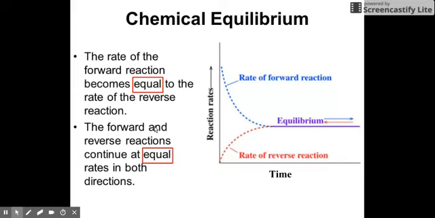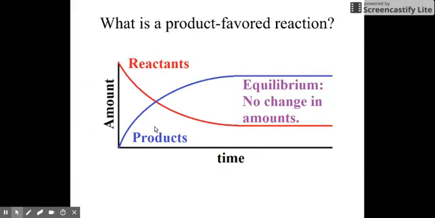But you've noticed that in the level of the container, the amount of the products and the reactants need not be the same. So, in terms of concentration, we can say that the concentration is constant, not necessarily equal.